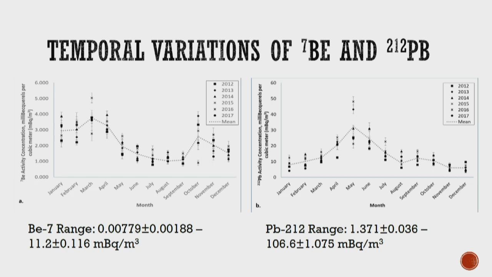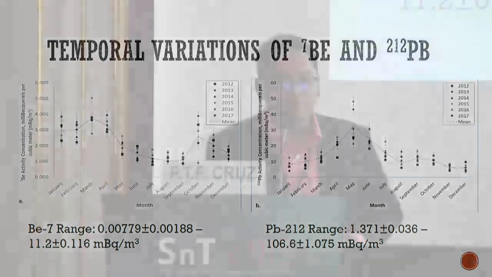As you can see here, high concentrations of beryllium-7 are observed between the months of January to April, followed by a decrease in concentration during the rainy monsoon season between May to September, and then an increase again between the months of October to November.